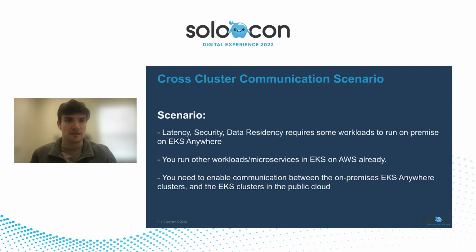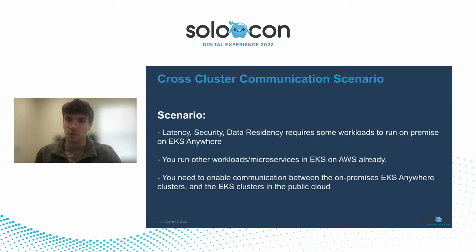So like I mentioned, latency, security, data residency. What we're seeing is gaming companies, healthcare, financial services, they all have different use cases that would require them to run some amount of Kubernetes on-prem. And the majority of them are also AWS customers who already are running in the cloud.